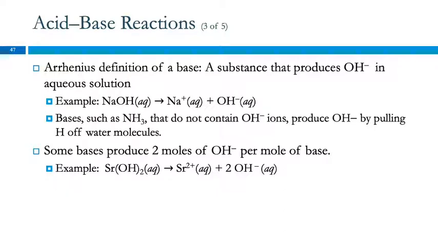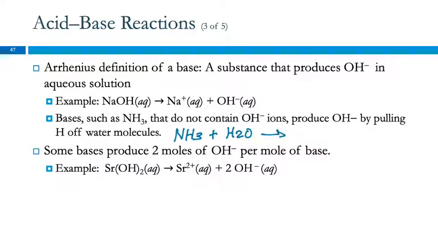There are also bases like ammonia, NH3. You look at that and you're like, how's that going to make hydroxide ion? Well, it does it in sort of a backwards way. So ammonia mixed with water.